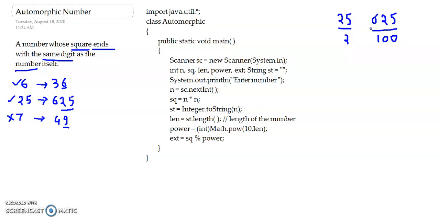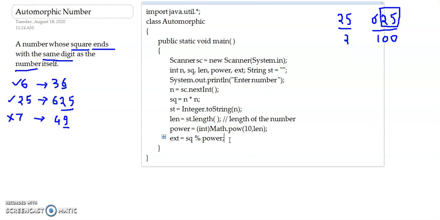So when we mod this square number using 100, we have the last 2 digits, 25. So the last 2 digits and our number have the same number of digits. That is the purpose, to raise the power of 10 by the number of digits. So we are going to extract the same number of digits here, and now we have our extracted portion.